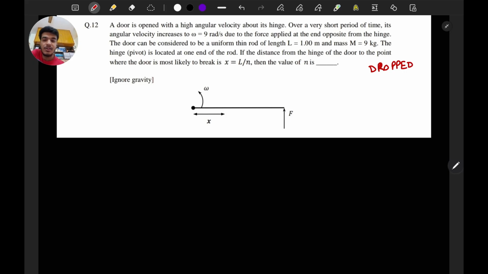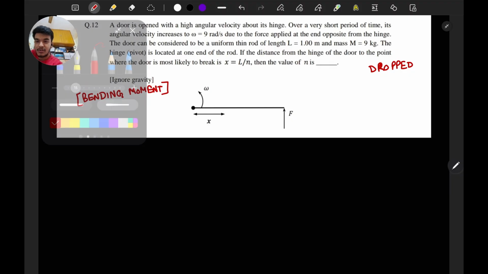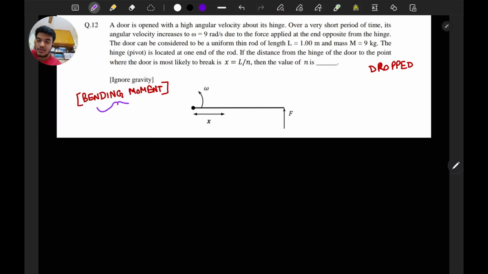This requires solving with the help of a concept known as bending moment. Whenever we talk about breaking of rigid objects and its rotational effect, we always consider this parameter, bending moment. And this concept is not taught in class 11th or 12th, not even in the chapter where you study elasticity.